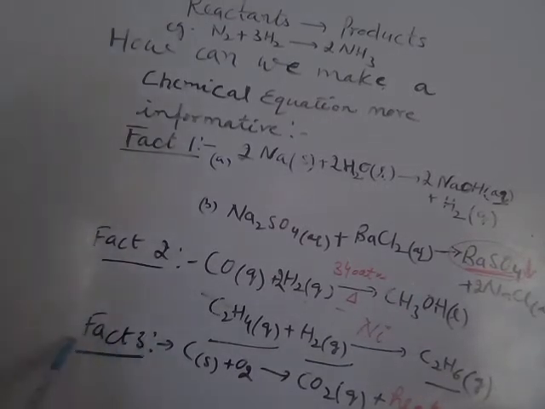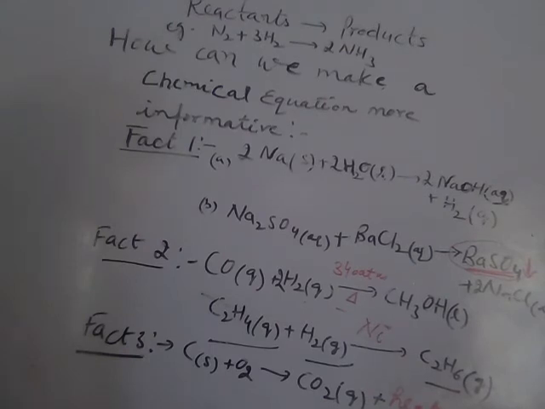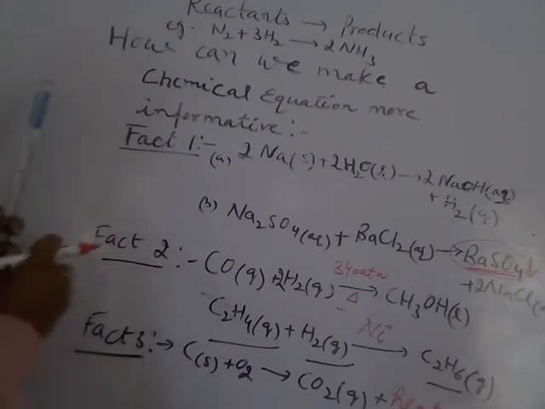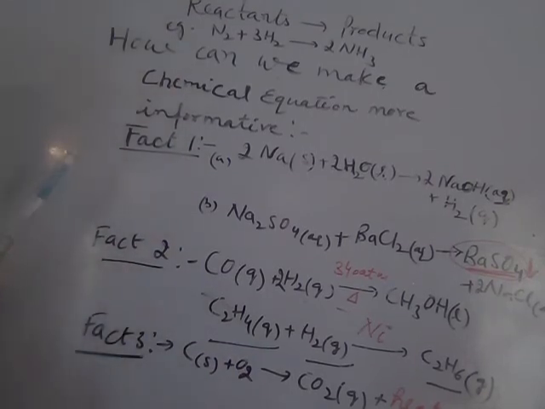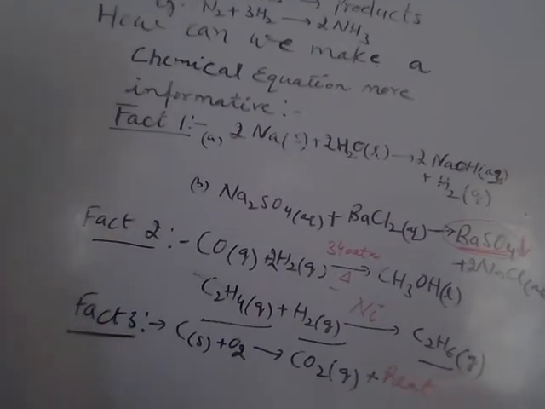Now, the third fact that we can mention is whether heat is evolved or absorbed during a chemical reaction. In this particular reaction, that is combustion of carbon, when carbon burns with oxygen, there is a formation of carbon dioxide gas, and a lot of heat is evolved.